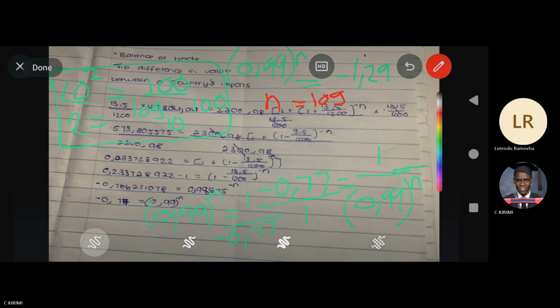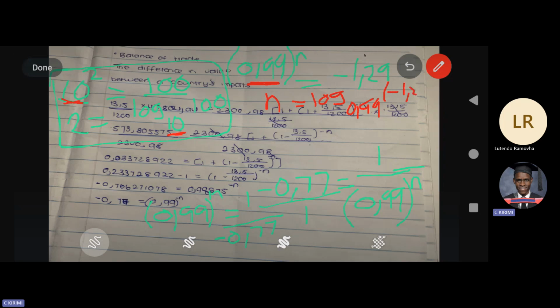Base 0.99, because the base you put here is the base of the exponent. So it will be log base 0.99, then in brackets that number, which is 100, and your answer there will be negative 1.29.